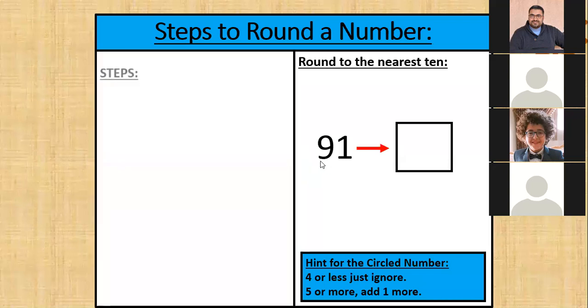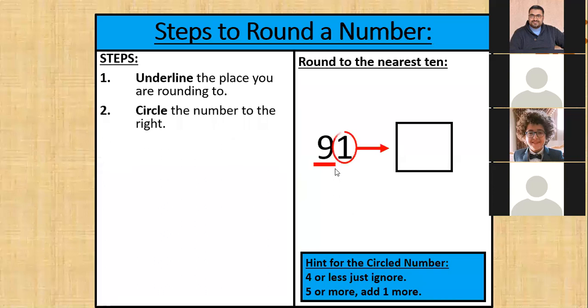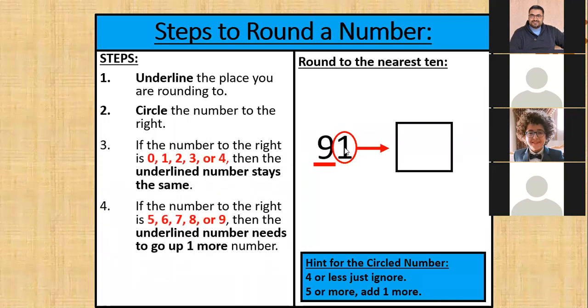First, Hamza puts a line under 9. This will be the first step. Step number 2, he circles 1. So we put a line and circle 1 and check 1. Is 1 a rich number or a poor number? 1 is a poor number. So 9 will stay the same. We write 9 here. And the last step, we cancel 1 and put 0.